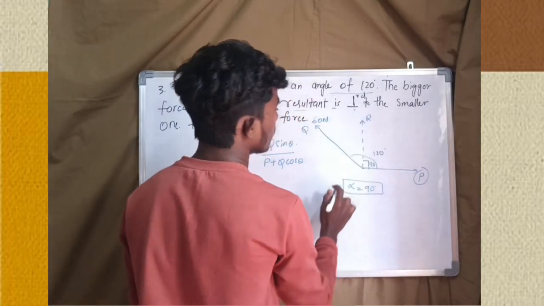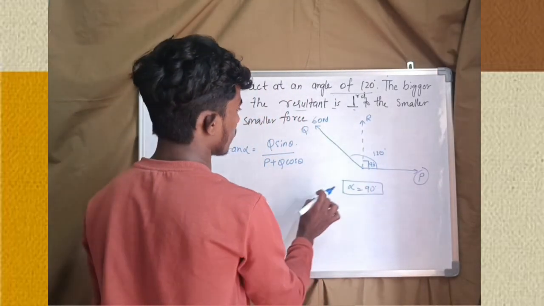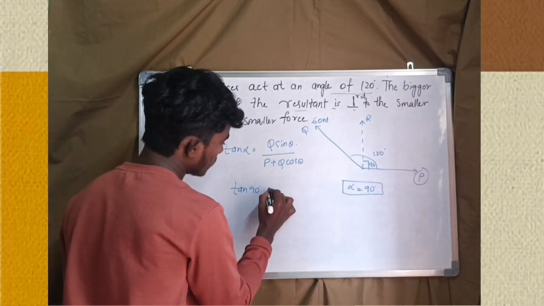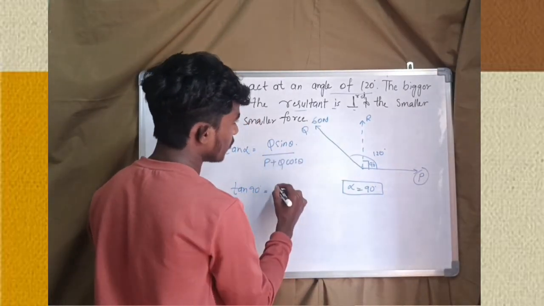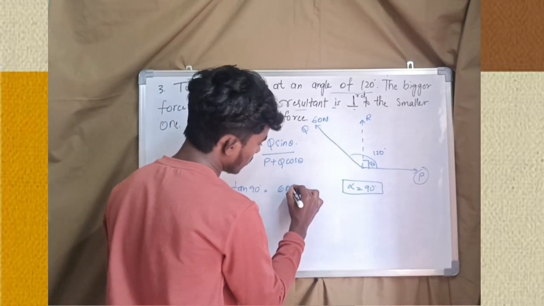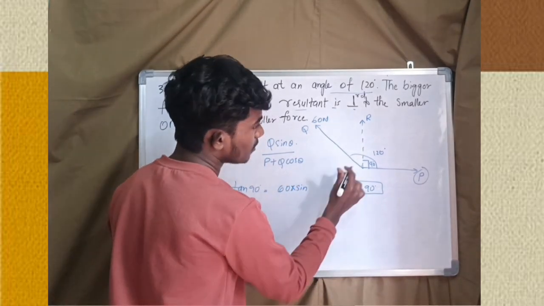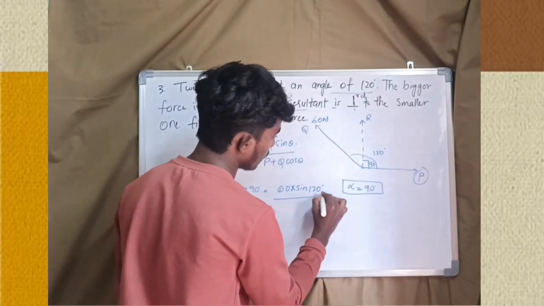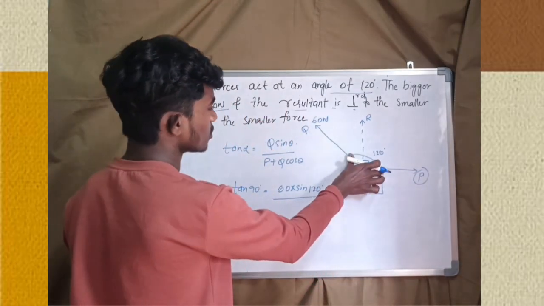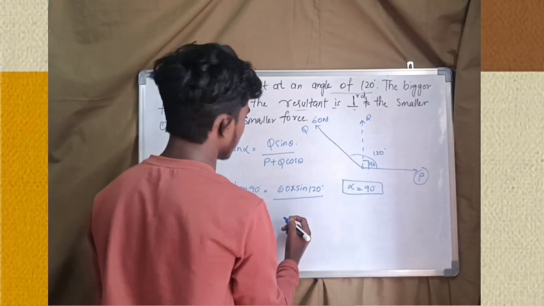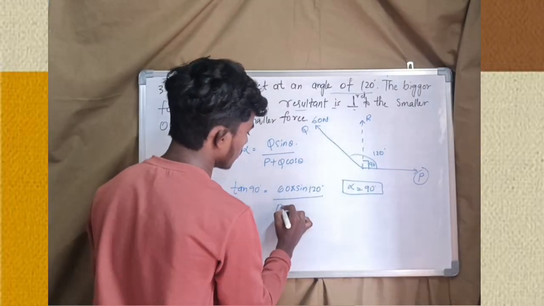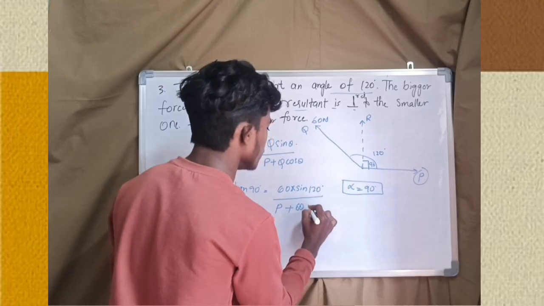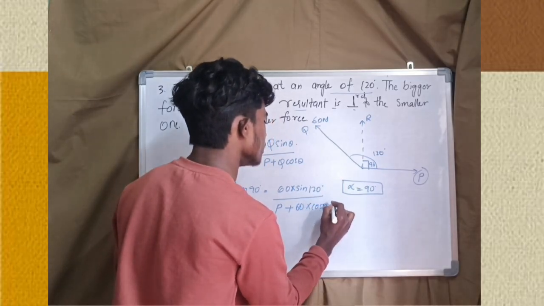By using that, tan 90 degrees, the bigger force 60 into sin 120 degrees, the angle between the two forces is 120 degrees, and P plus 60 into cos 120 degrees.